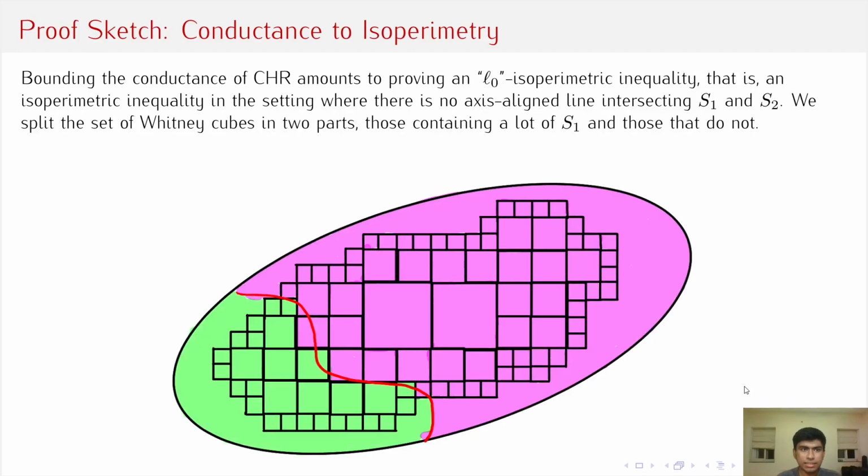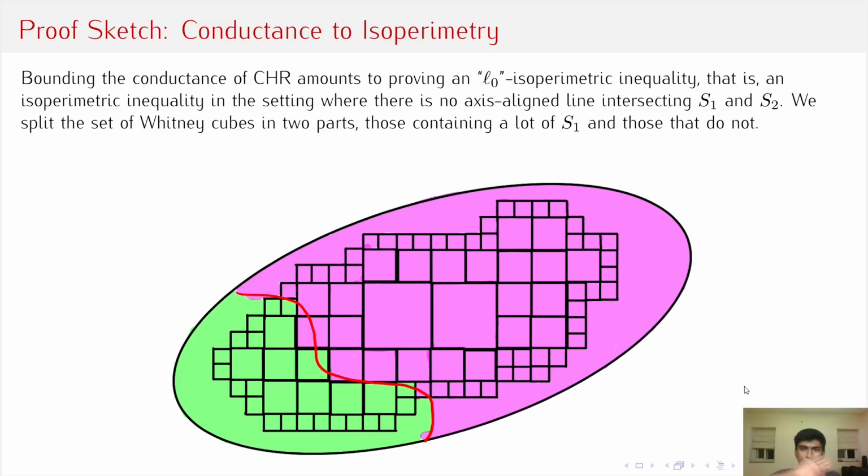So first, let me consider the set S1. I superimpose this picture of the Whitney cubes that I have, and I split the set of Whitney cubes in two parts. First I have the cubes which contain a lot of S1, which is all these green cubes that you can see, which contain a significant amount of S1 within the body.